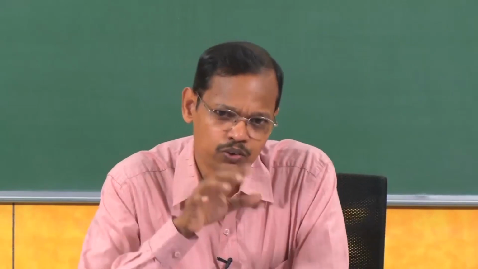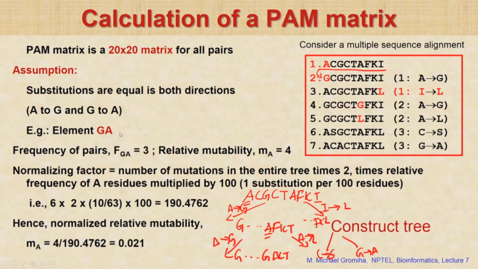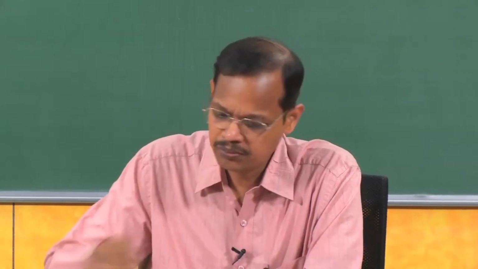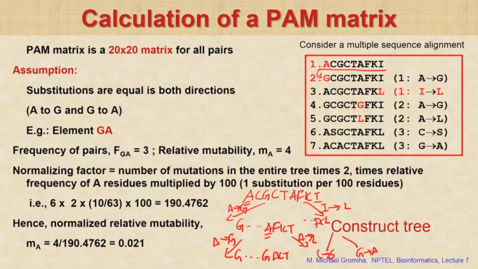From this tree and the number of substitutions, we will see the probability of residues being mutated to another residue. For example, A to G or G to A, as we discussed in the last class, we take the first sequence and second sequence.